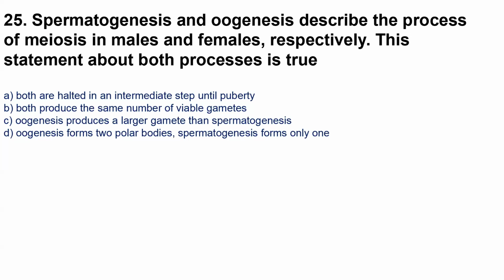C. Oogenesis produces a larger gamete than spermatogenesis. D. Oogenesis forms two polar bodies, spermatogenesis forms only one. The answer is C. Oogenesis produces a larger gamete than spermatogenesis.